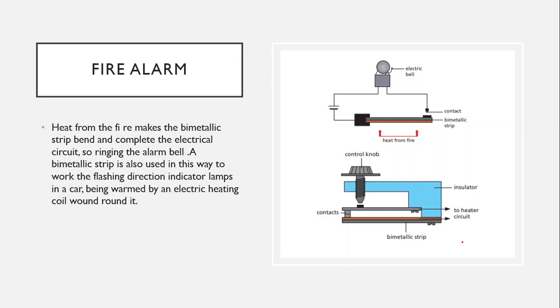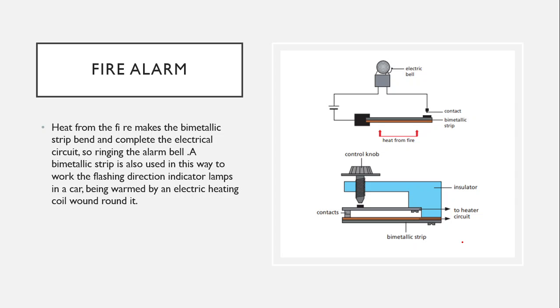So, fire alarm. Fire alarm is the biggest example of an application of bimetallic strips. Heat from the fire makes the bimetallic strip bend, and that completes the electrical circuit, so ringing the alarm bell.